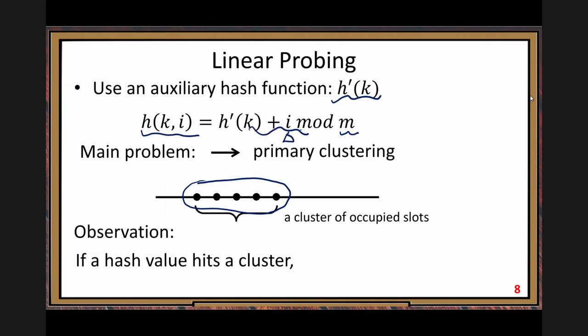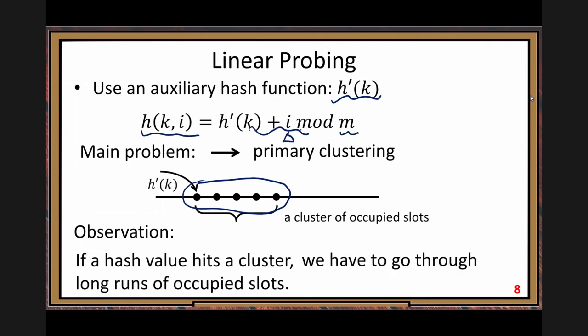If your cluster is relatively big, it takes a while to pass. So the performance is not good. We have to go through long runs of occupied slots. For linear probing, this primary clustering problem causes the performance to slow down.